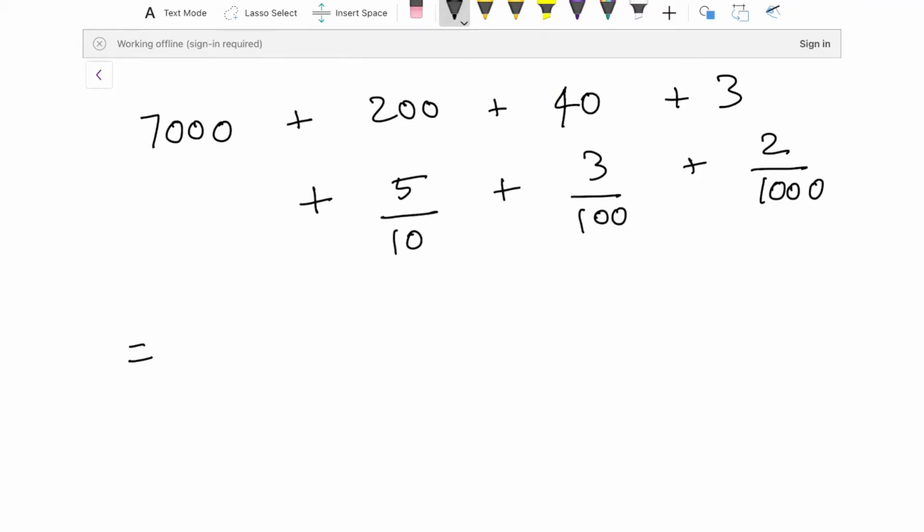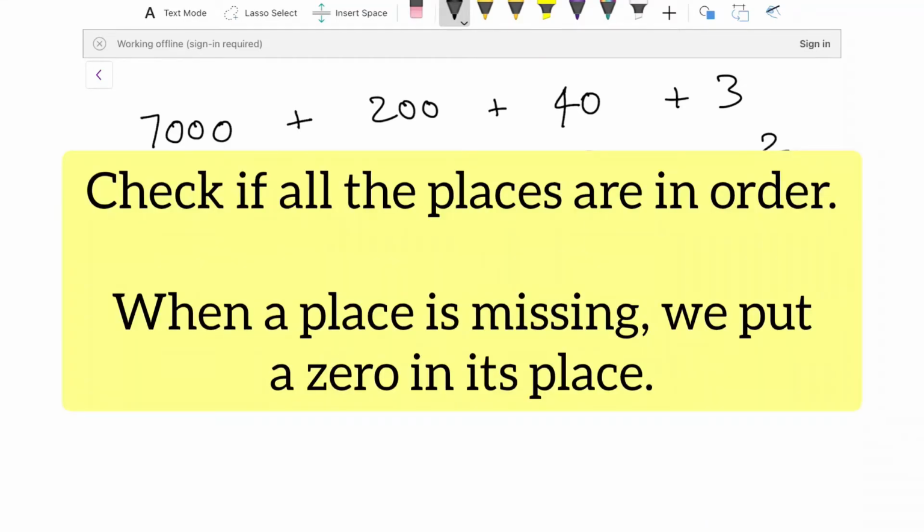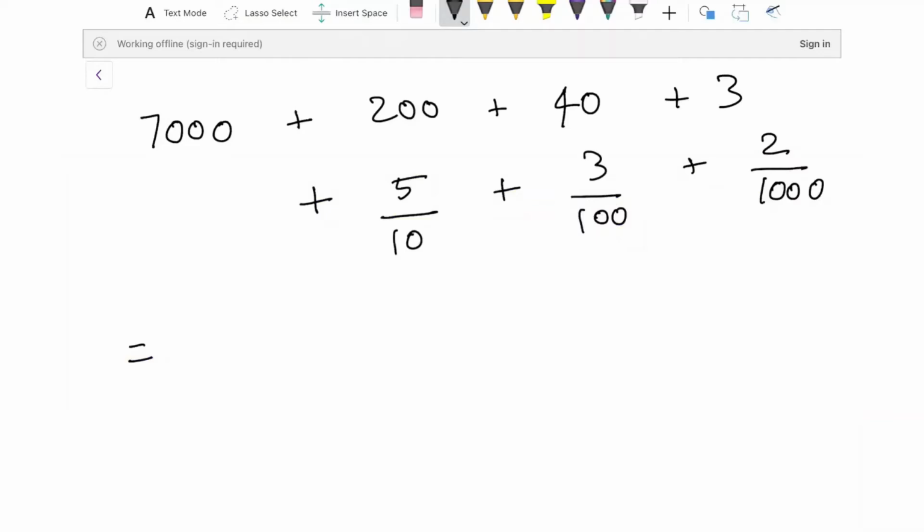Alright. The important thing to notice here is if all the places are in order. That means if a particular place is missing, we need to put a 0 in its place. So let's see. Here we have the thousands place. So we have 7. After thousands, it should be hundreds place. We have 2.